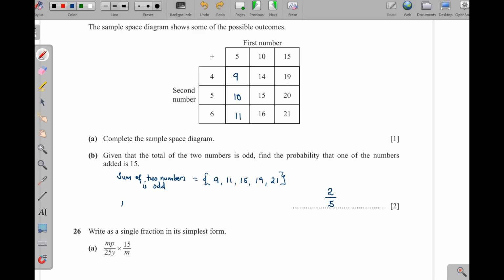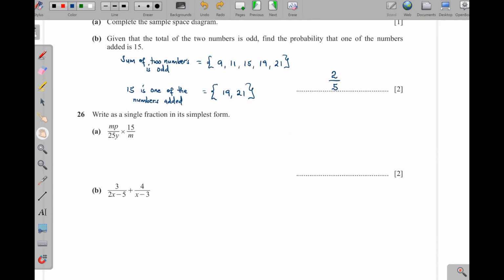I can say 15 is one of the numbers. You don't need to write all of this in the exam. I'm just putting this to explain this very well. So 15 is one of the numbers added. Okay, so we are seeing 19 and 21. Now the probability is going to be these two divided by the total, which is 5.